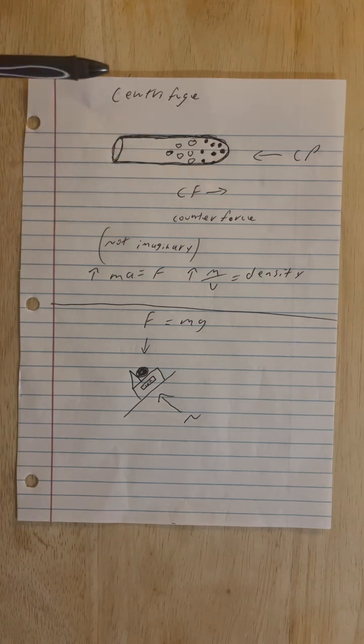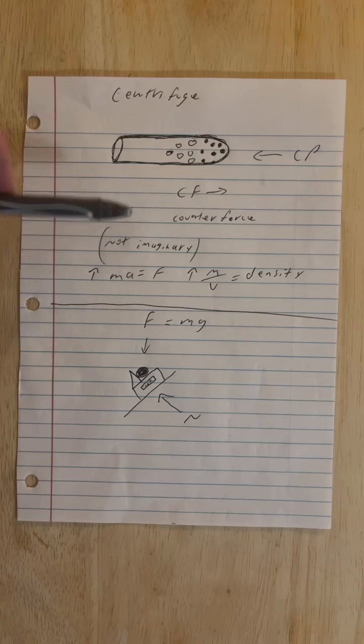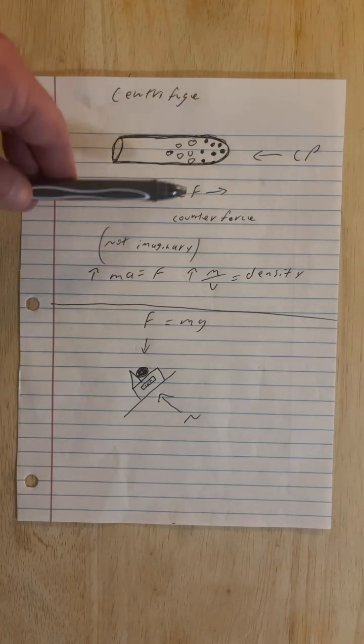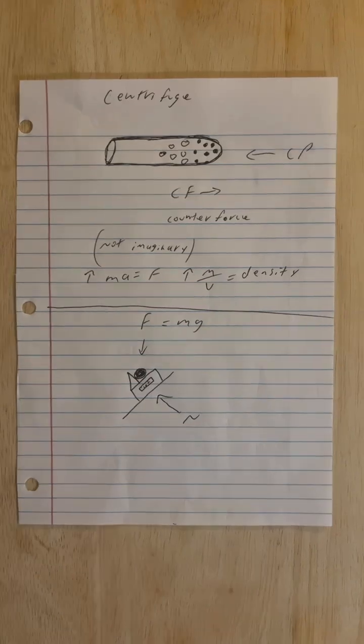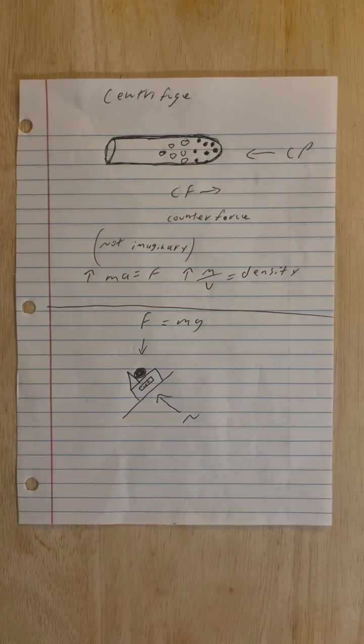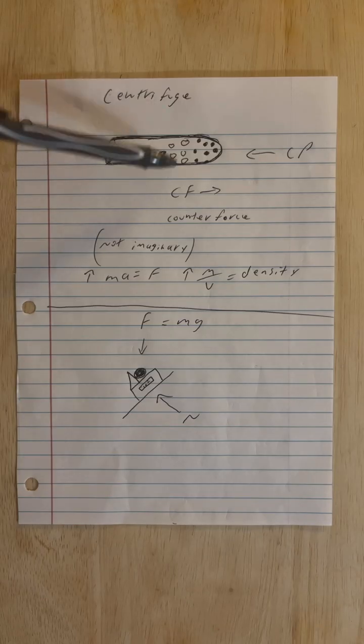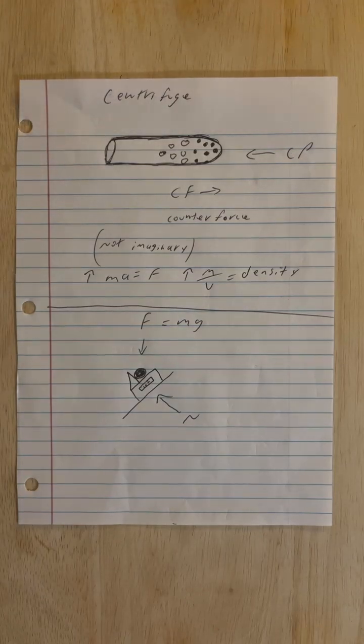So they said that centrifuges got their name due to an imaginary outward effective force. So that's wrong because the force is not imaginary. If something's imaginary, it cannot exert a force. And secondly, that phrase was obviously intended to obfuscate, because the simple and correct way to answer that question is just to say that centrifugal force is the counterforce to centripetal force, and thus that's how centrifuges got their name.